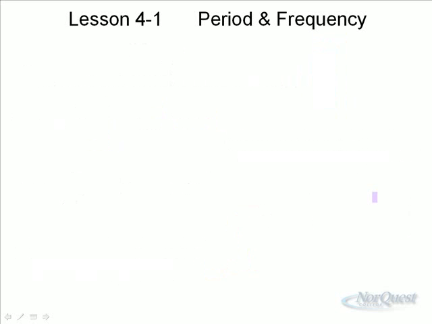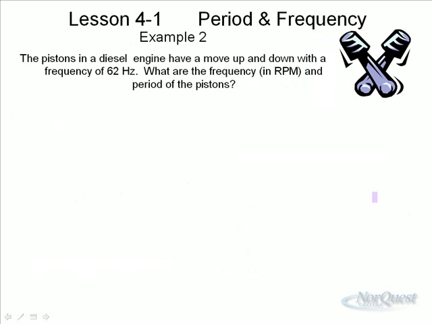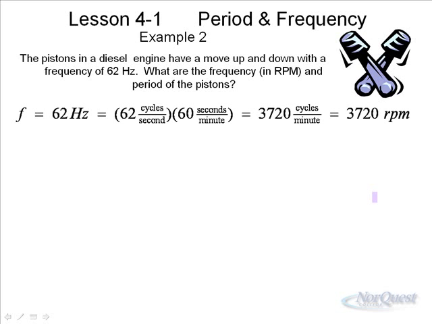Let's look at another example. It says the pistons in a diesel engine move up and down with a frequency of 62 hertz. What are the frequency and period of the pistons? So they're telling you that the frequency is 62 hertz. Well, of course, that's cycles per second. So to convert cycles per second to revolutions per minute, we want to take these units. 62 hertz means 62 cycles per second.